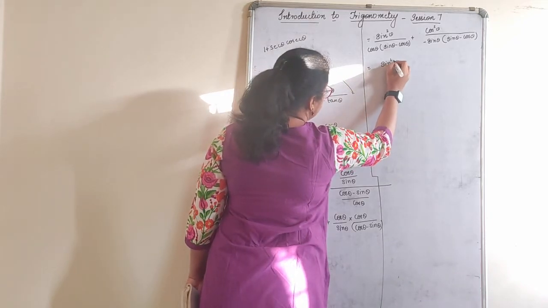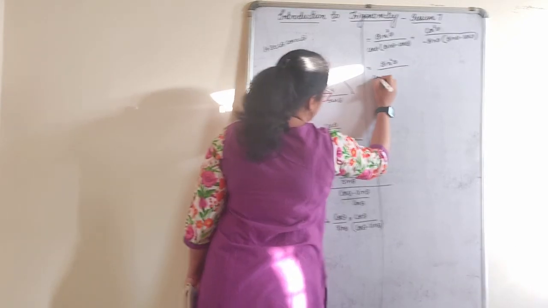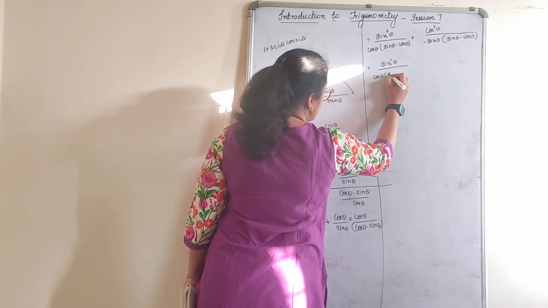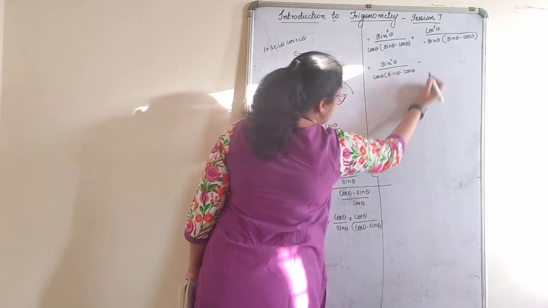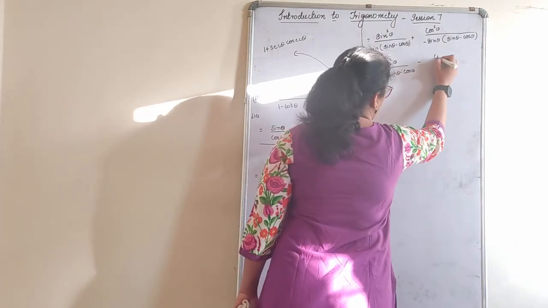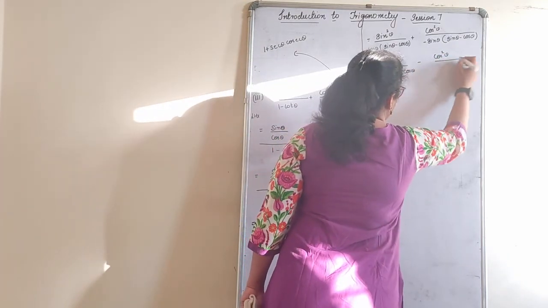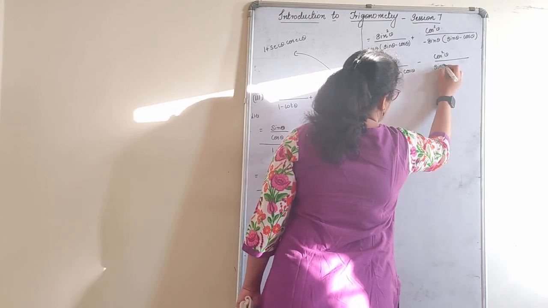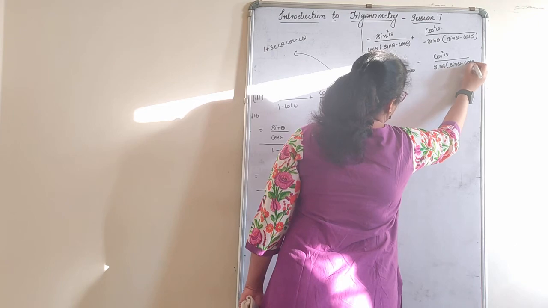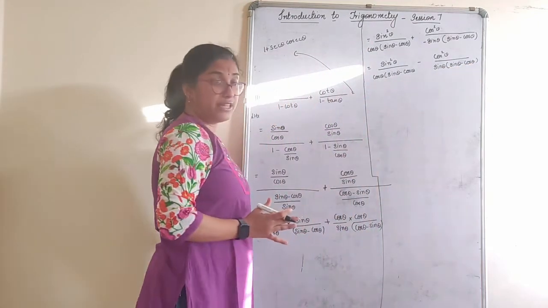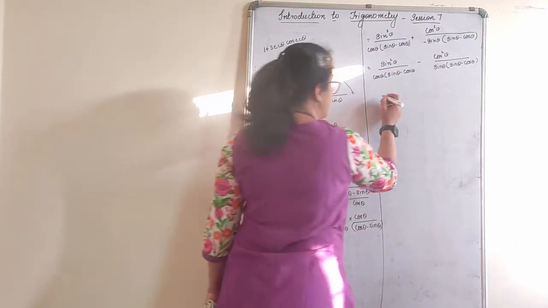Sine square theta divided by cos theta of sine theta minus cos theta, minus cos square theta divided by sine theta of sine theta minus cos theta. Very clear about this one step we have done further. Let's take the LCM.